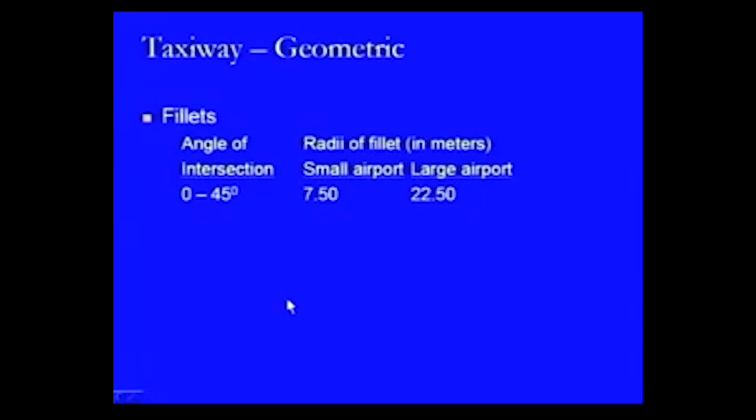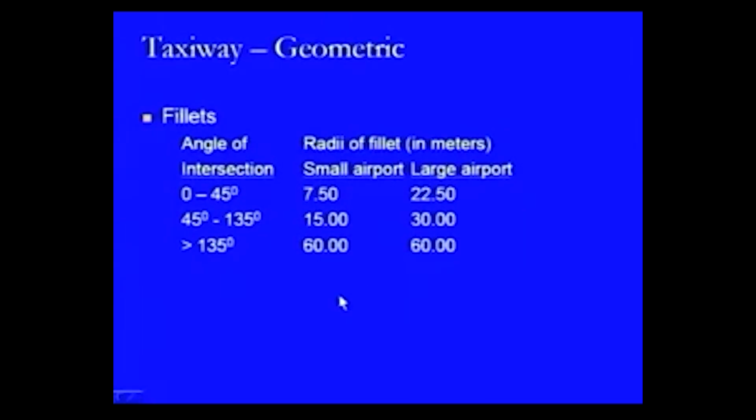What we found is that for an angle of intersection between 0 and 45 degrees, the radii of fillet in meters for a small airport is 7.5 meters, and for a large airport it is 22.5 meters. Whereas, if the angle of intersection varies between 45 degrees and 135 degrees, the value for a small airport is 15 meters, and for a large airport it is 30 meters.